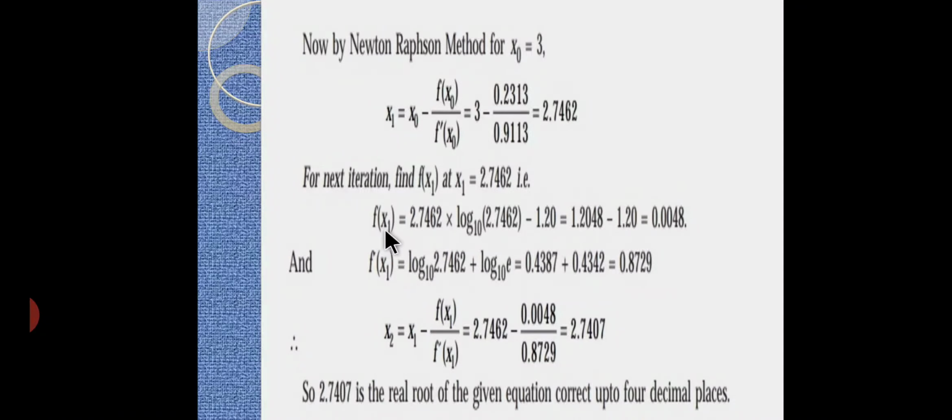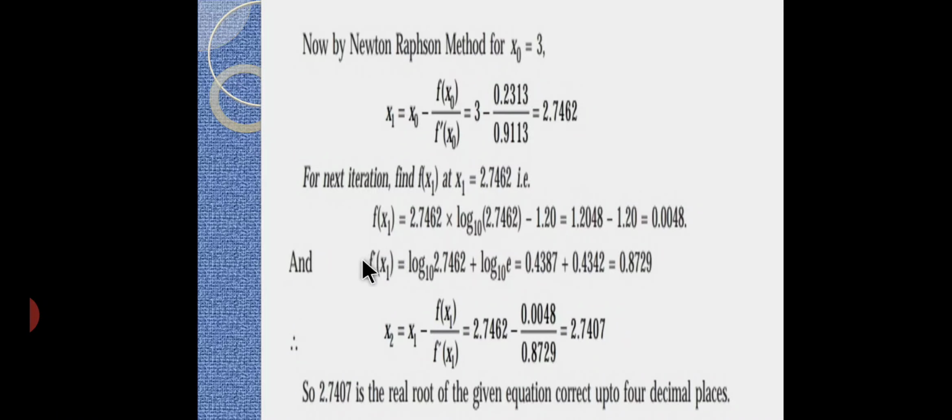We get f of x1 is equal to 2.7462 into log 2.7462 base 10 minus 1.20. This value is 1.2048 minus 1.20, we get the value 0.0048. So f of x1 is equal to 0.0048.